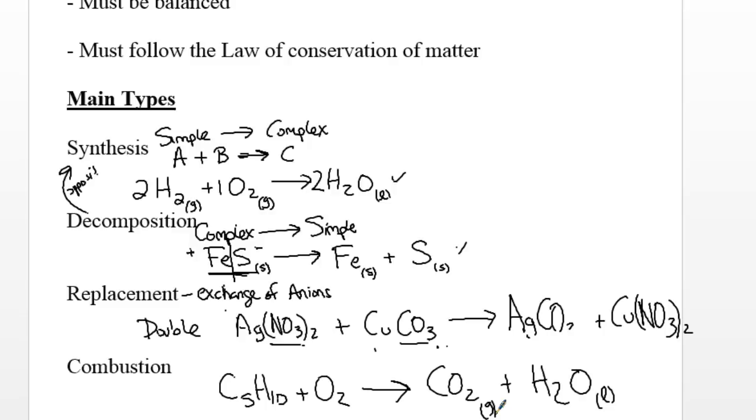And we should always make sure this is balanced. That's a 5. Let's put a 5 in front of that one. And then 10 hydrogen, so we got a 5 here too. Okay. And then how many oxygen do we have on this side? 10, 15. So we have to do a 7.5 to get us there.